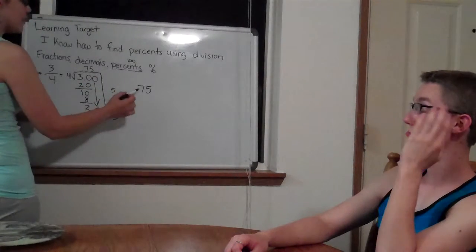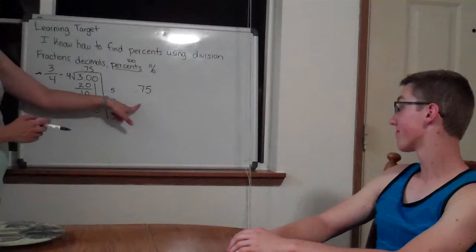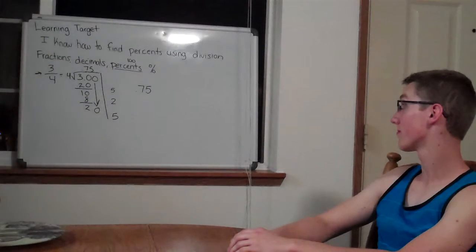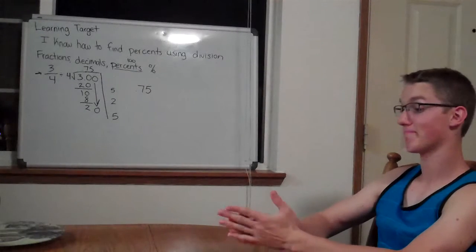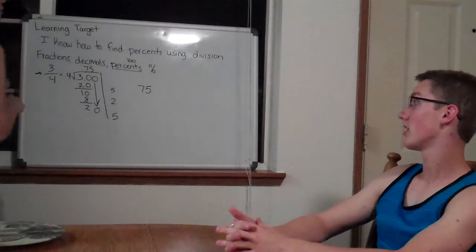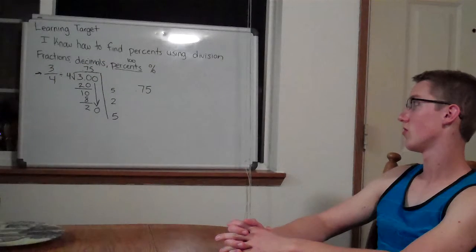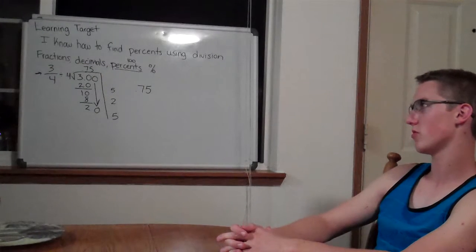So we started with a fraction, 3/4, and then we moved to a decimal, 0.75, or 75 hundredths. 75 pennies. Or 75 pennies, that is correct. How do you think we can put it in a percent? What's maybe something you think we could do? From a decimal or from a fraction?